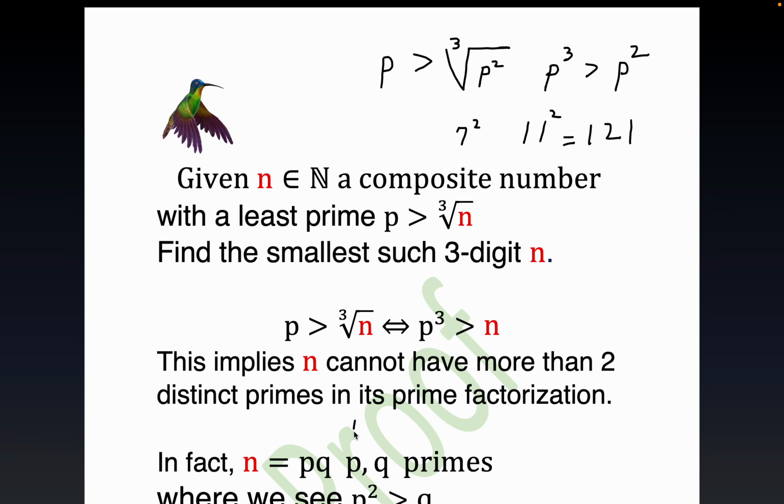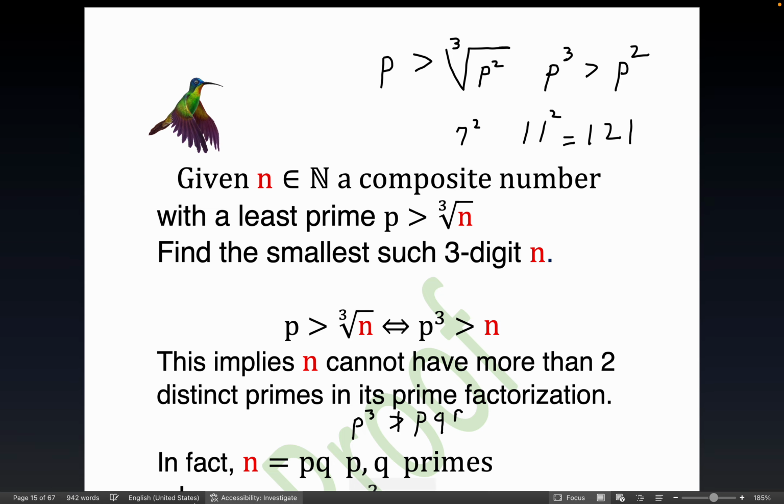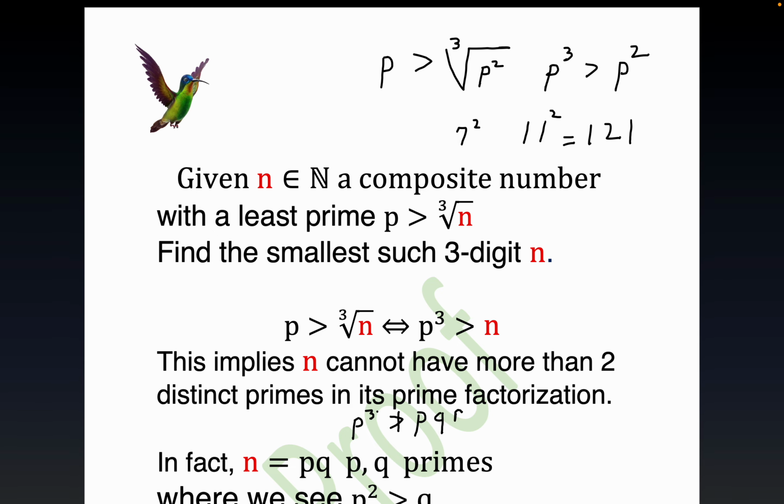Let's say n is the product of 3 distinct primes with p the smallest, then p cubed is clearly not greater than p times q times r, where p, q, and r are all primes. I won't write that out, folks, but this is certainly true.